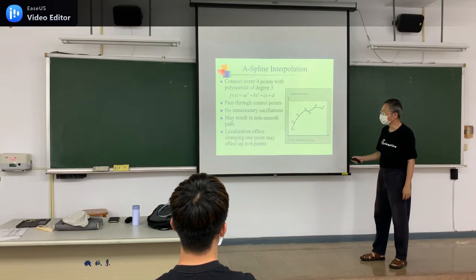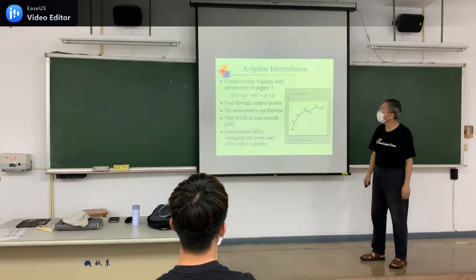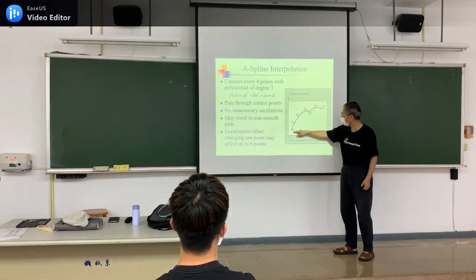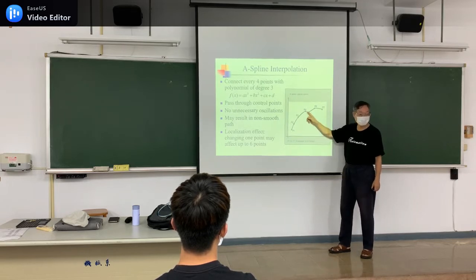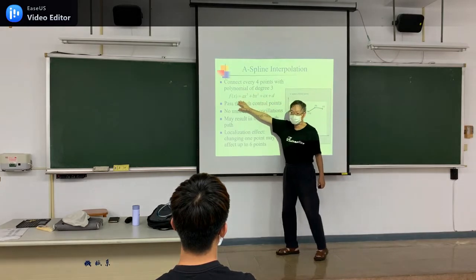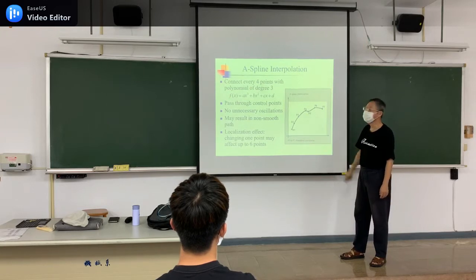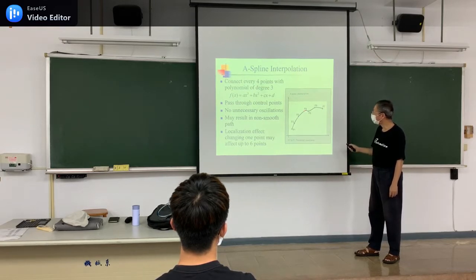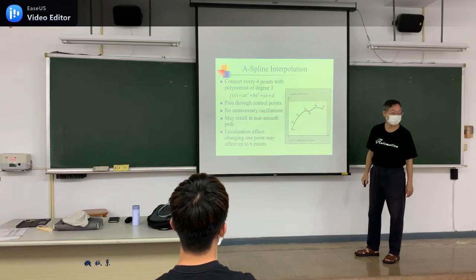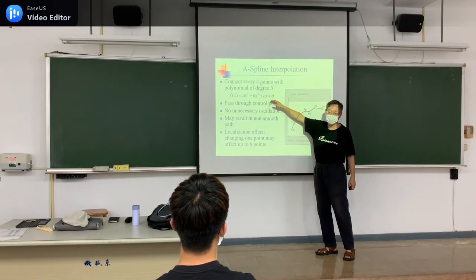So you have 4 parameters. So at most you can pass through 4 points. So for every 4 points, P1, P2, P3, P4, you can find one polynomial function like this. In other words, y equals this. Okay. And for another 4 points, P4, P5, P6, P7, you can have another polynomial of degree 3.